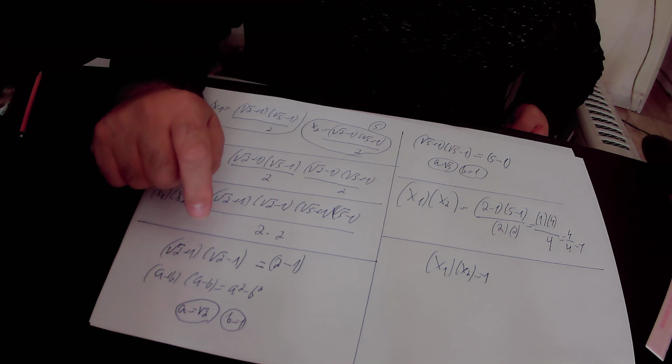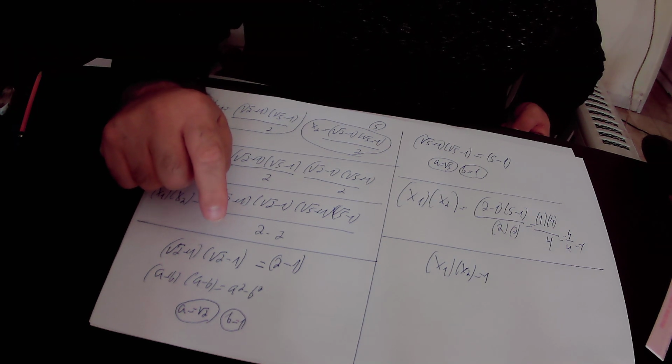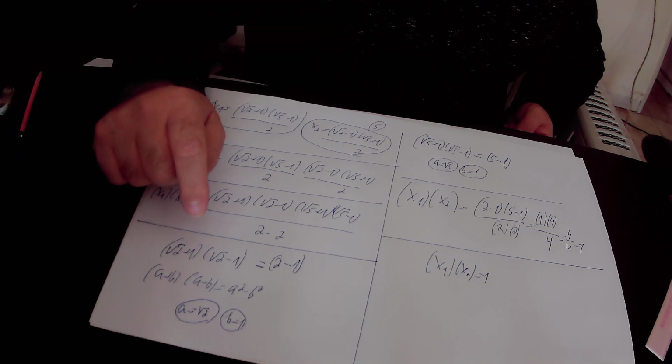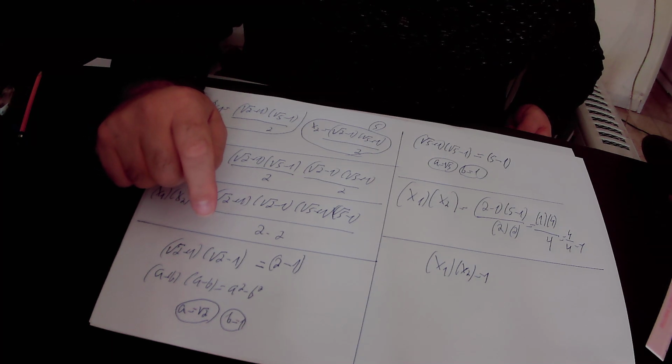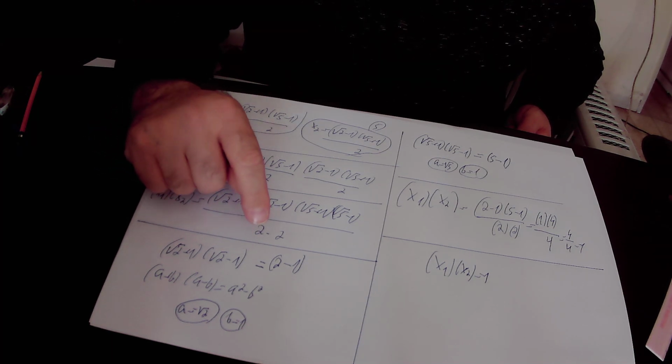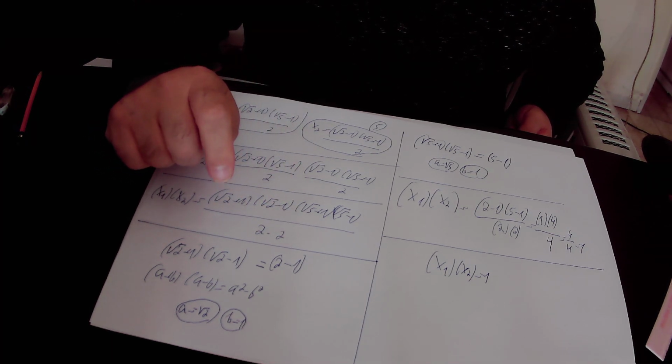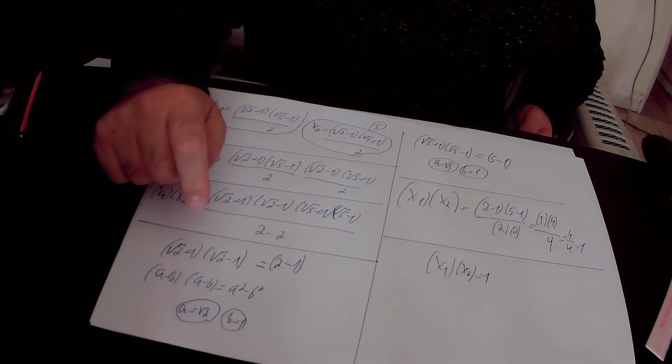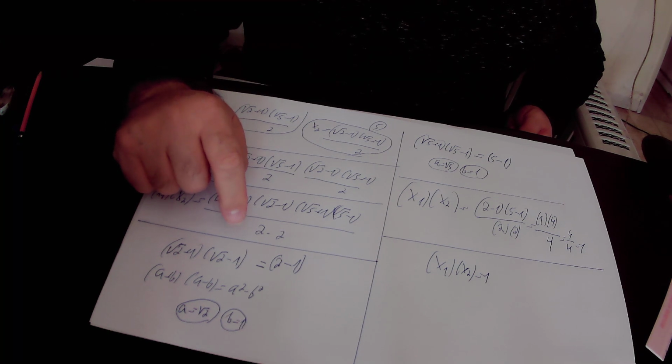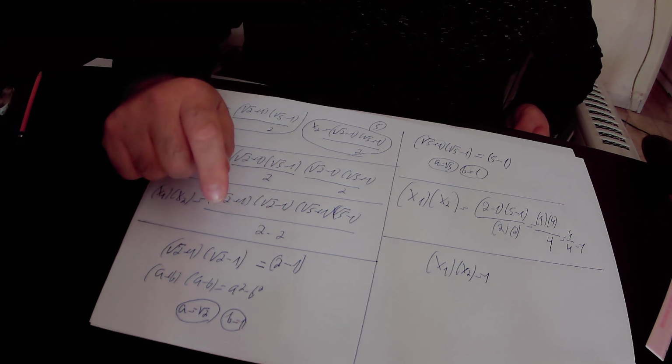B equals 1, so b squared is 1 squared, which is 1. So we found that a squared minus b squared is actually 2 minus 1. So in conclusion, square root of 2 plus 1 times square root of 2 minus 1 equals 2 minus 1, that is actually 1.